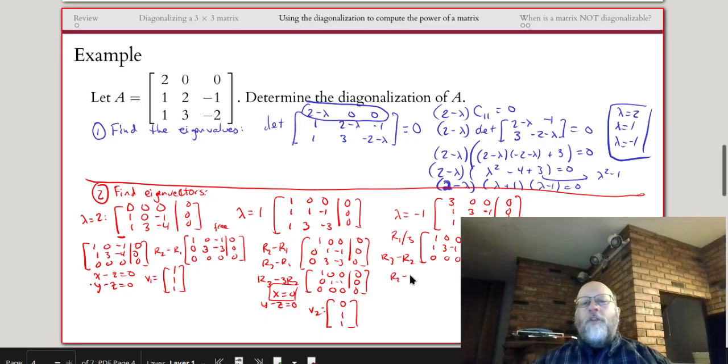And then take row 2 minus row 1, and we'll get 1, 0, 0, 0, 0, 3, negative 1, 0, 0, 0, 0, 0. And so x is equal to 0, but this time 3y minus z is equal to 0. And so if y is 1, z would be 3.